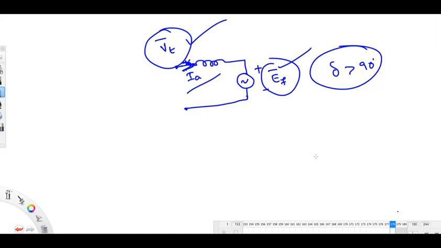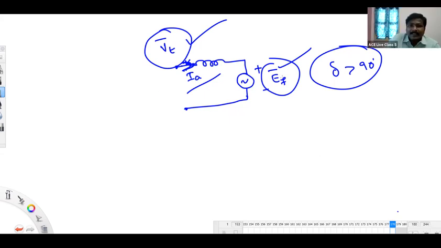But I can also write by opposing the current direction. If IA is in the opposite direction, I also have to write another KVL equation, and the KVL equation will be different, right? For this direction, VT bar equals EF bar plus IA into ZS.